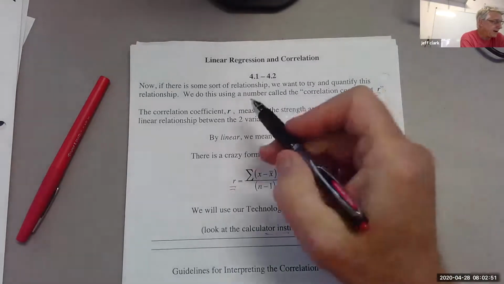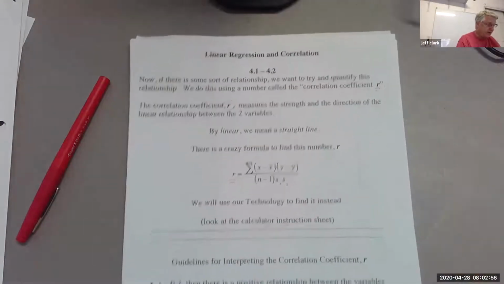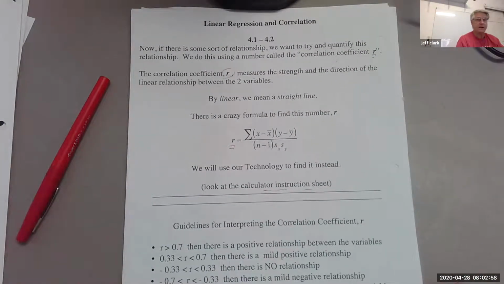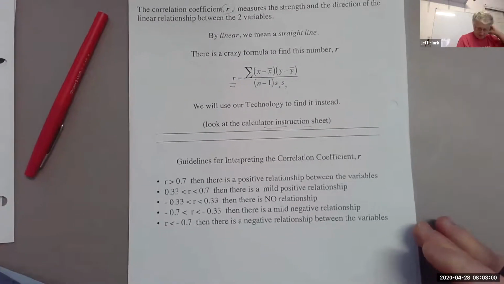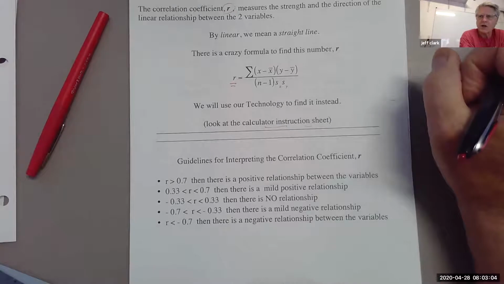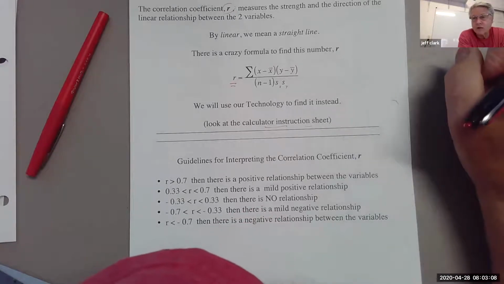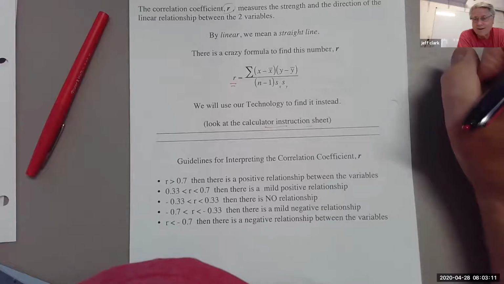So once we find the R, once we find that number, then we're going to compare it against a range of values. This has been set up ahead of us because we had to have some kind of threshold. I mean, you might remember it said strong versus weak. Well, how do you determine whether it's strong versus weak?